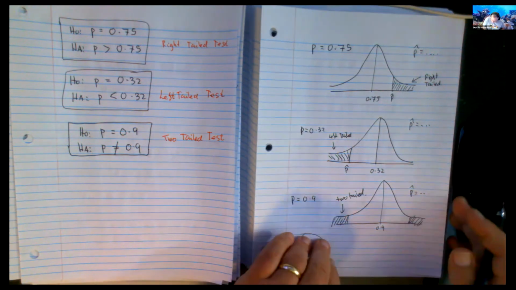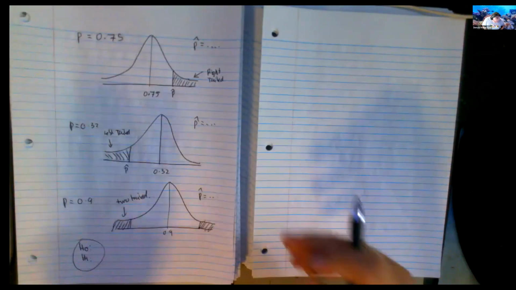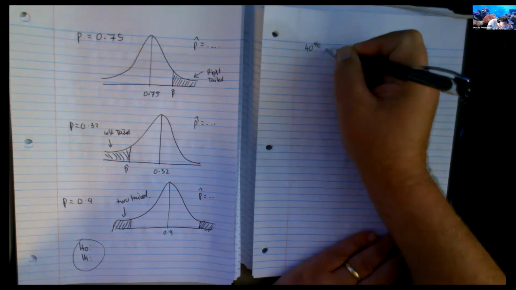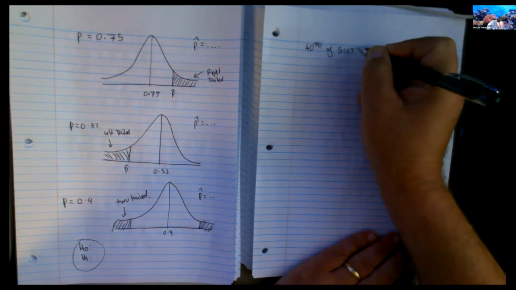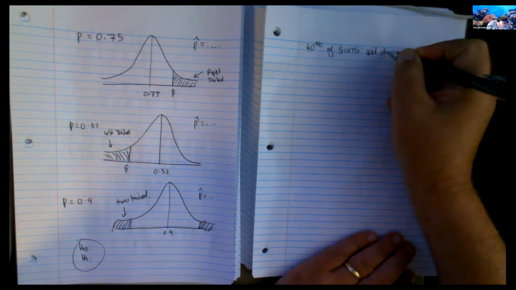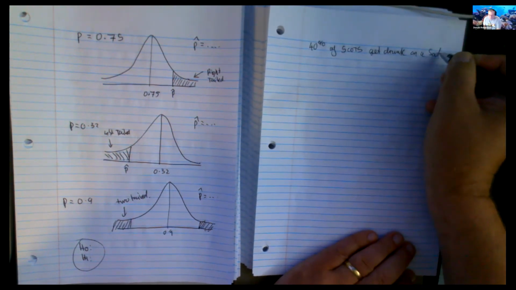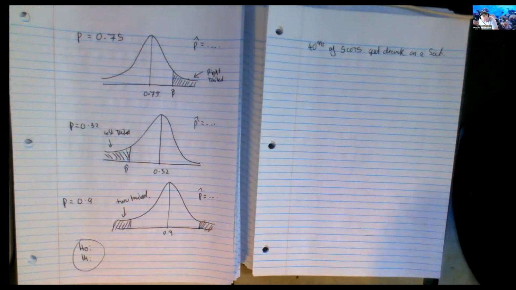So let's pause a minute and I'll give you a story. Here. And we'll see if we can set up a hypothesis test for it, right? Totally made up data, right? You might not know this, but 40% of Scots adults get drunk on a Saturday. It's just a known fact. 40% of Scotsmen get drunk on a Saturday.